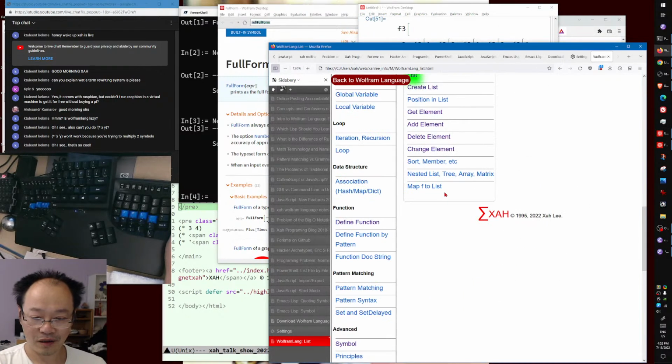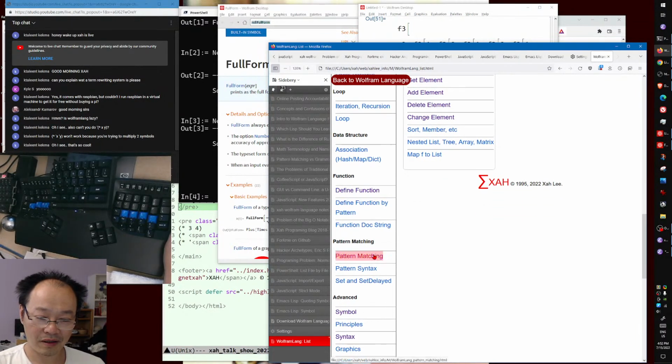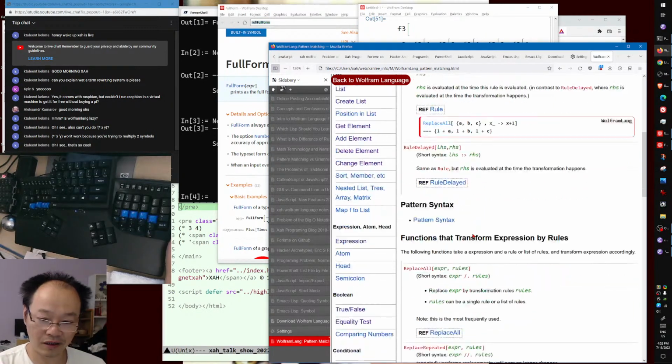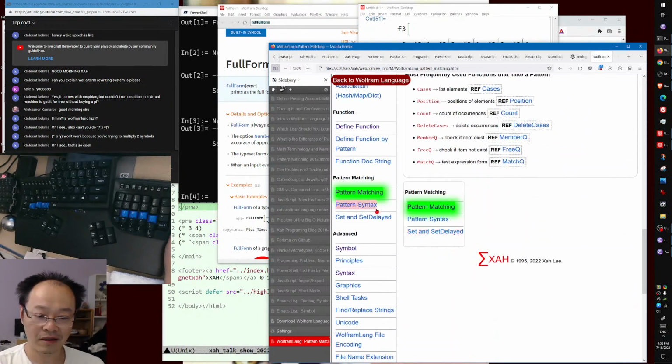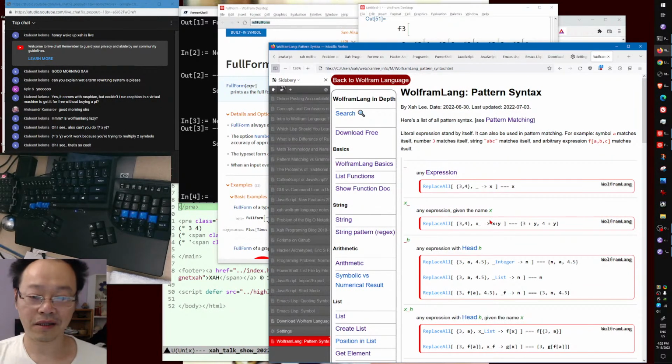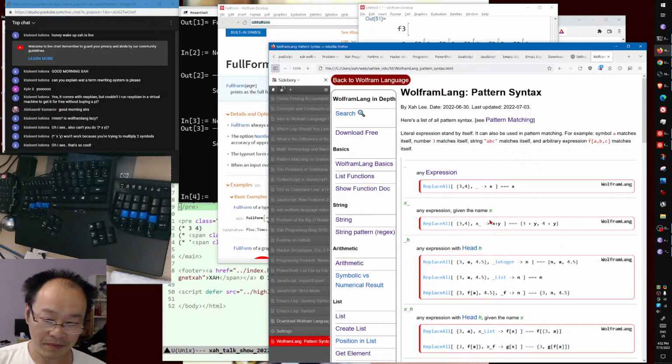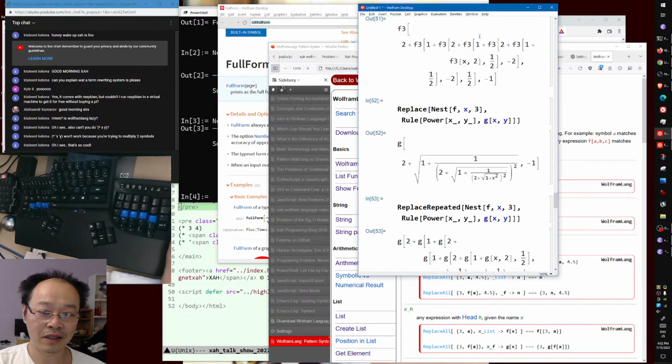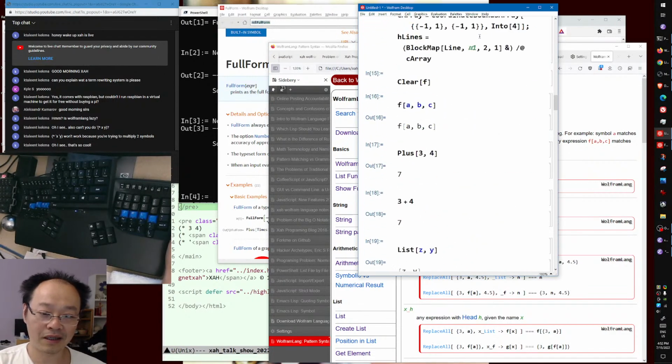You can find my tutorial on pattern matching here: first the introduction, and then pattern syntax. Since we're talking about this, let me tell you what pattern matching is about. Remember, in the Wolfram language, everything is symbolic. It can be numerical, but it can be symbolic.